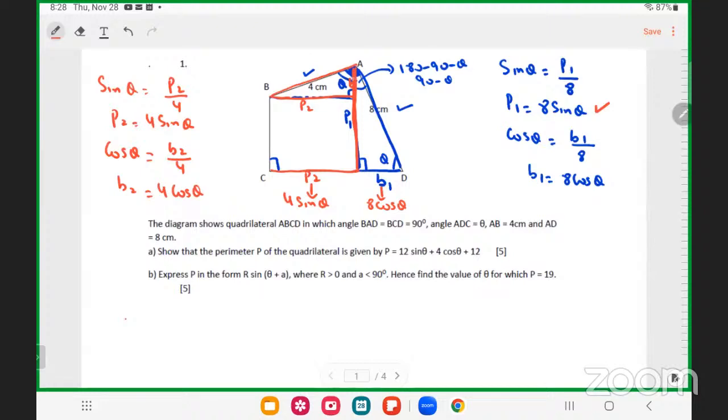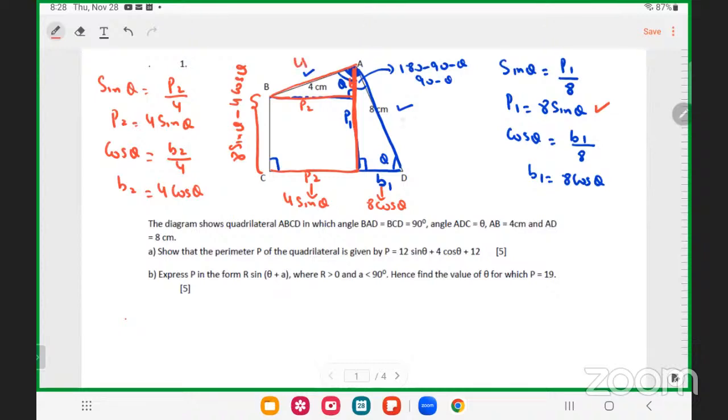But B2 is 4 cos theta. So this length turns out to be 8 sine theta minus 4 cos theta. I hope this makes sense to everyone now.